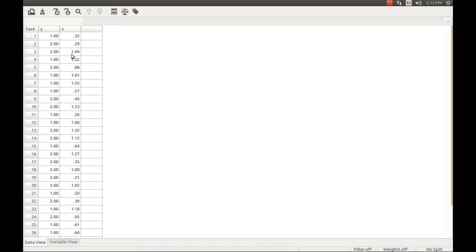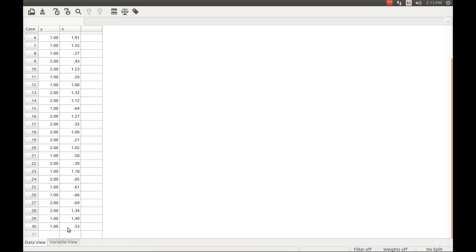I would like to develop a small scenario around this data. Just imagine that we collected this data. How many data points do we have? We have 30 data points.